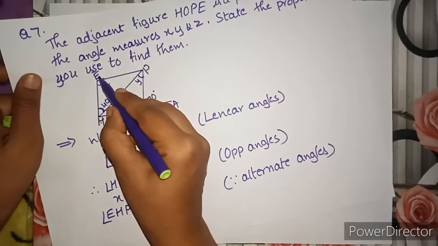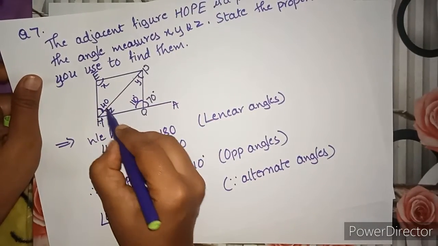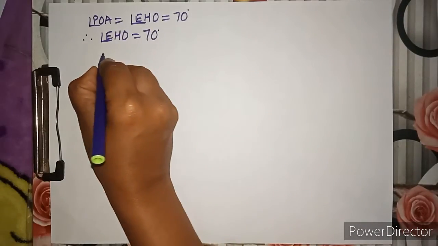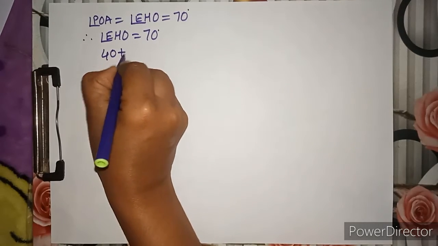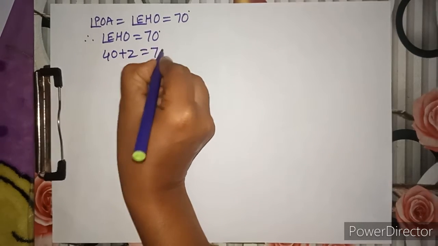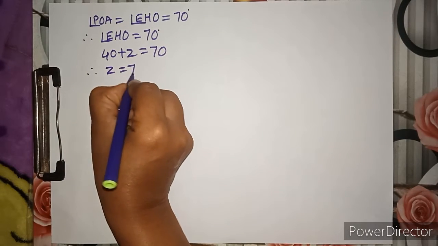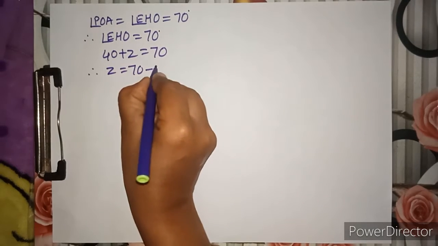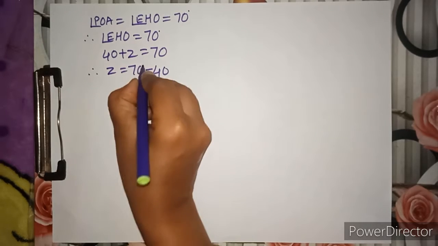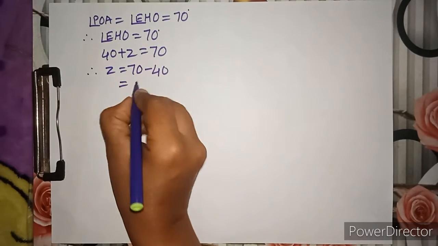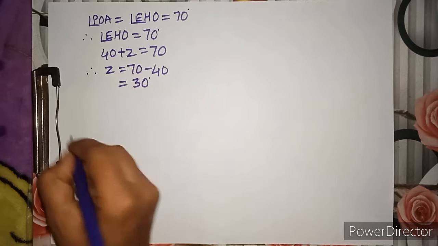Angle EHO is 40 plus z. 40 plus z is equal to 70. Therefore z is equal to 70 minus 40. Okay, 70 minus 40 is 30 degrees.